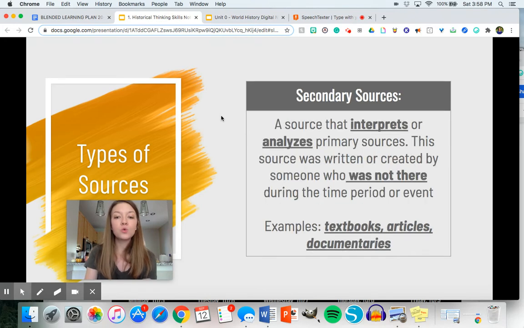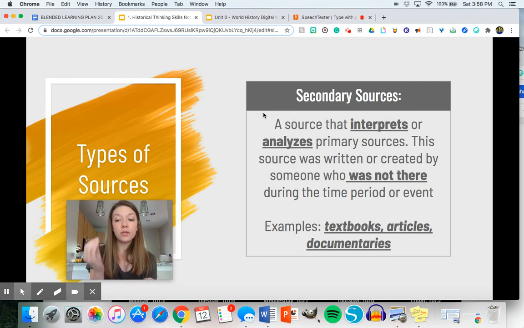Okay. Sources can also be secondary. A secondary source is a source that interprets or analyzes primary sources. So they look at primary sources and think about what is this person saying? What are they doing, for example? Secondary sources were written or created by someone who was not there during the time period or event.